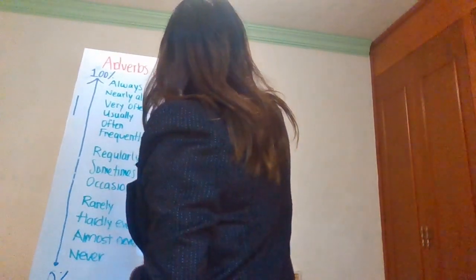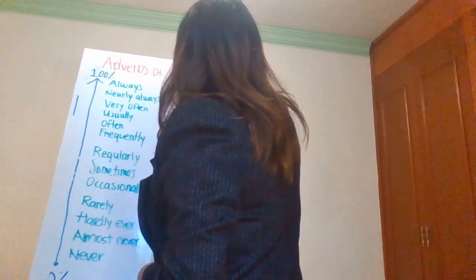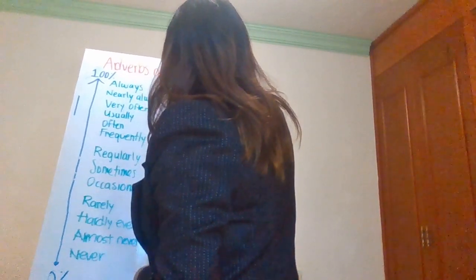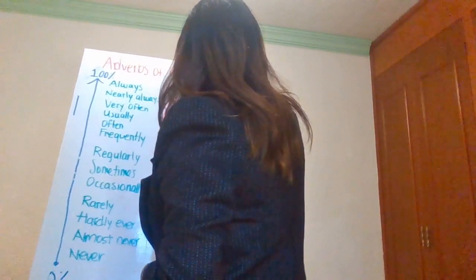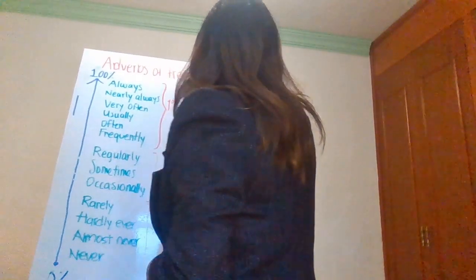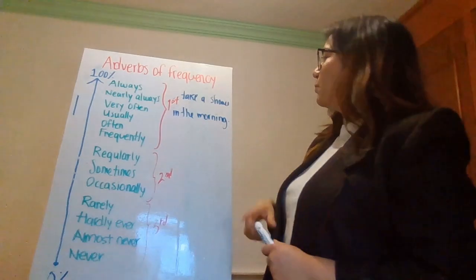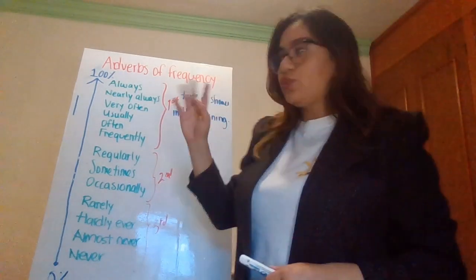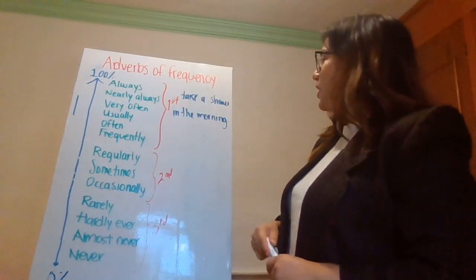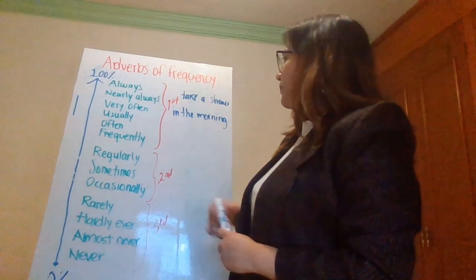And the first one, I'm gonna say, take a shower in the morning. Okay, I can say that I always take a shower in the morning. I usually take a shower in the morning. Okay.